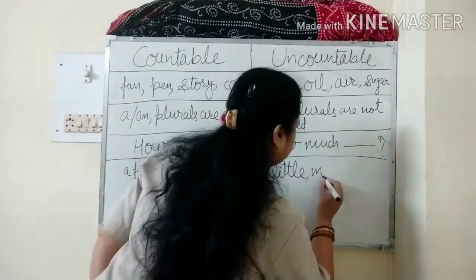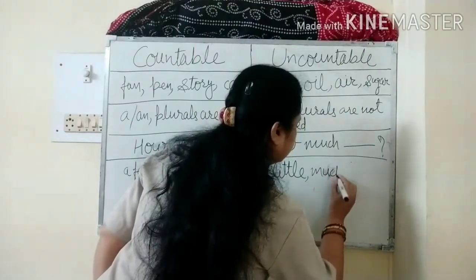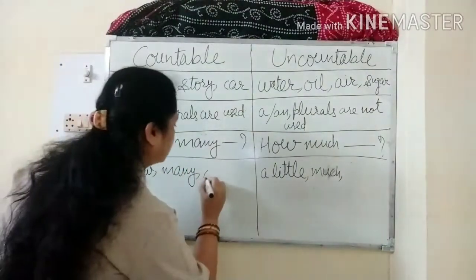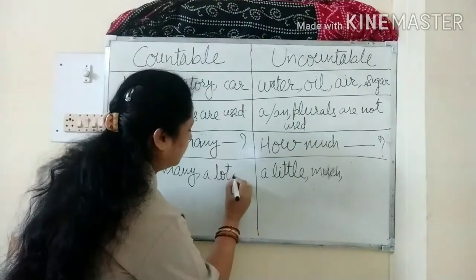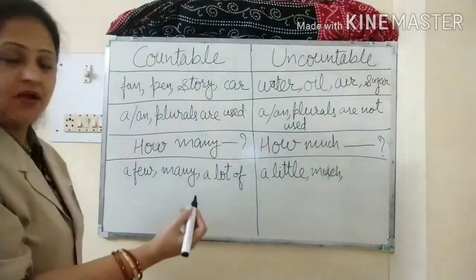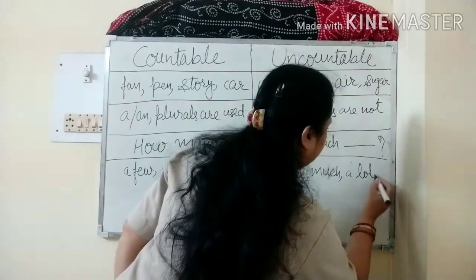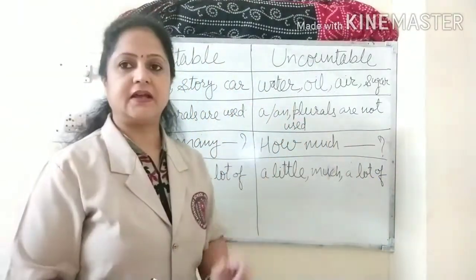So there is much water in the glass. Not only that, we can also write a lot of. So there are a lot of pens in my bag, or there is a lot of water in the glass.